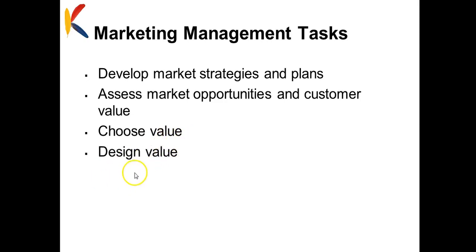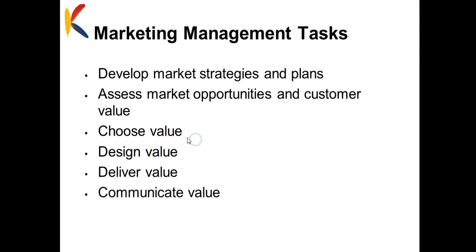Then we design and shape that value, we create that value, and then we deliver it, we communicate to the customers that they have got the value they are looking for. We do all these things with a sustainable target, in a sustainable way, so that we can keep on creating the value. Now I want to discuss some examples related to this.